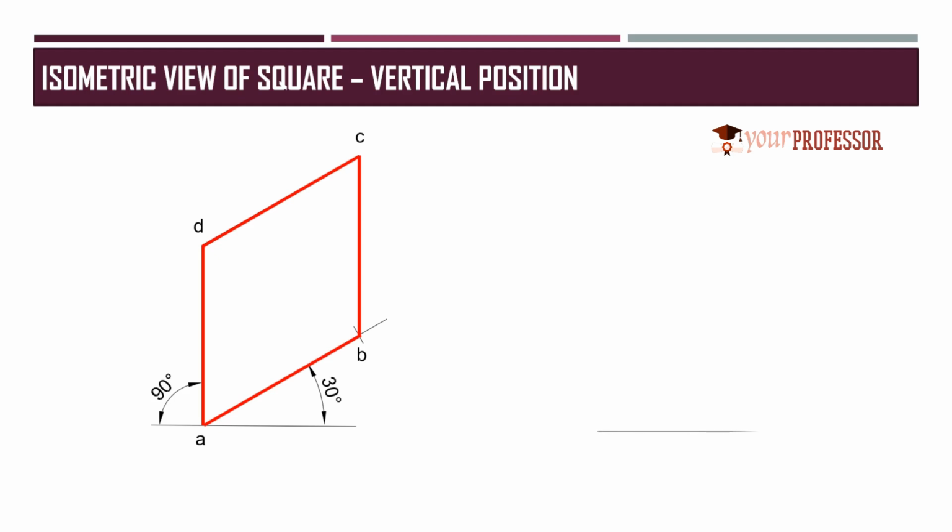Draw a horizontal line. Consider the point A. Draw a vertical line whose length is equal to 40 mm. From A, draw a line which is inclined at 30 degrees to the horizontal like that. Represent point B by considering A as center and dropping an arc onto the 30 degrees inclined line.